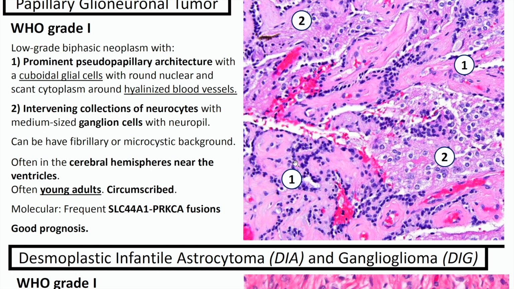It's got 2 different components. And it can have a fibrillary or a microcystic background, and it's often in the cerebral hemispheres near the ventricles. Often occurs in young adults and can be circumscribed. And then there's a frequent molecular association with papillary glioneuronal tumor, and that's SLC44A1-PRKCA fusions, and these have a good prognosis.